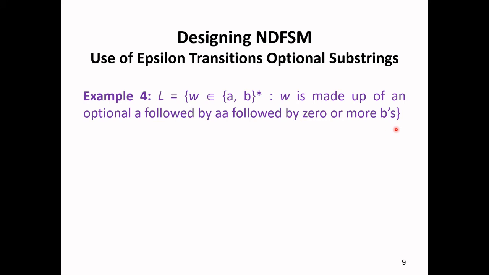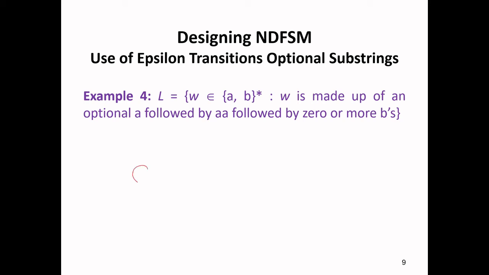The language is very simple. Sigma is {A, B}. So let us start designing the NDFSM. The first part states the string is made up of an optional A. So how do you represent a string made up of an optional A?